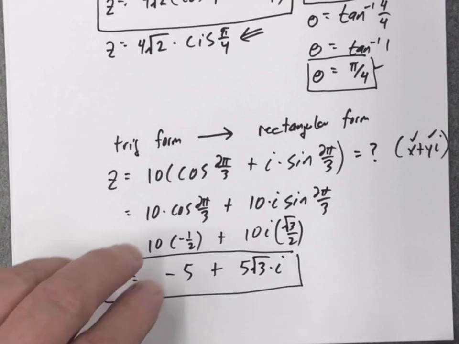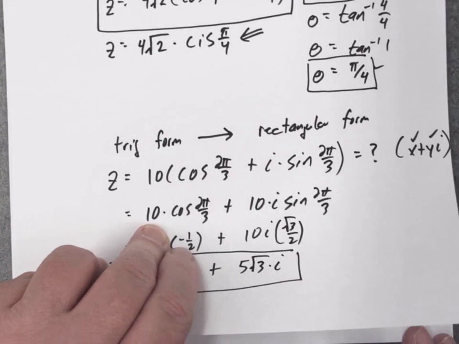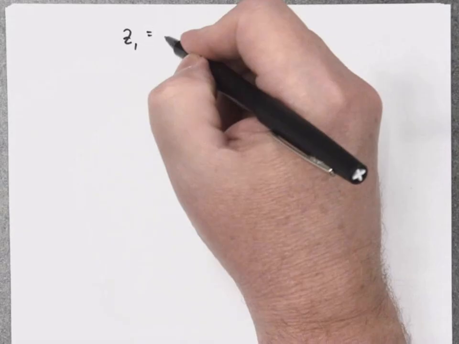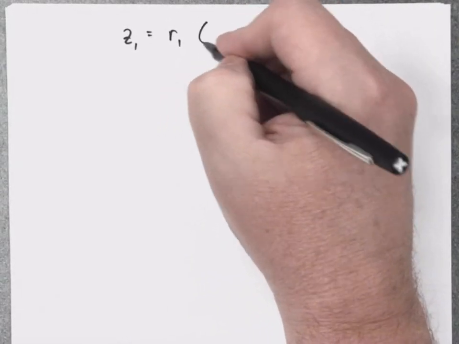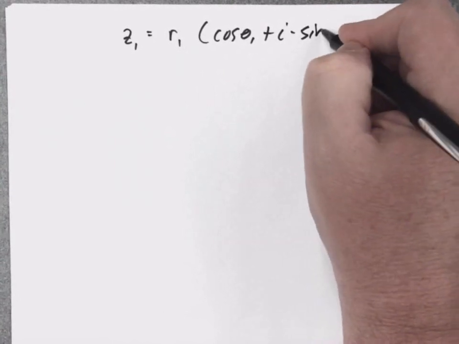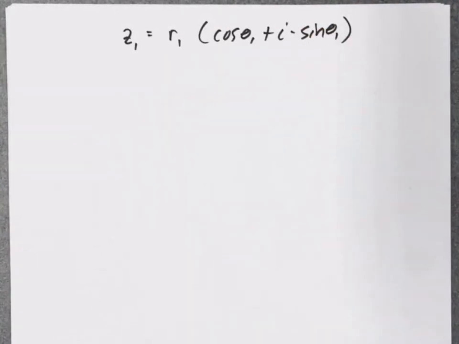All right, now there's one more thing that we're going to do now that we understand how to write complex numbers in the trigonometric form. Sometimes with complex numbers, they want to do some math with complex numbers. So for instance, I'm going to call my first complex number z1, and I'm going to call it r1, and then inside the parentheses, the normal trigonometric form, except everything has a 1.